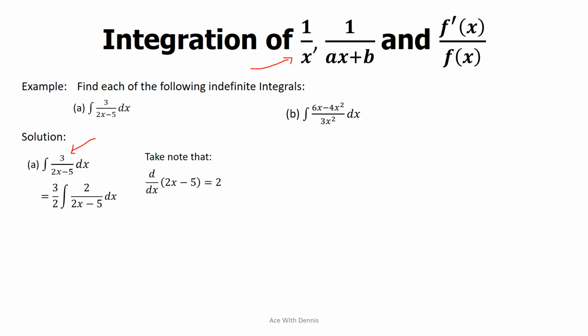So the numerator of the fraction should be 2, and the original expression has no 2 here, so I have to put a divide by 2 here. Now I check that the expression inside the integration is in the form of f prime x over fx, so I can immediately say that it equals 3 over 2 ln 2x minus 5 plus c.